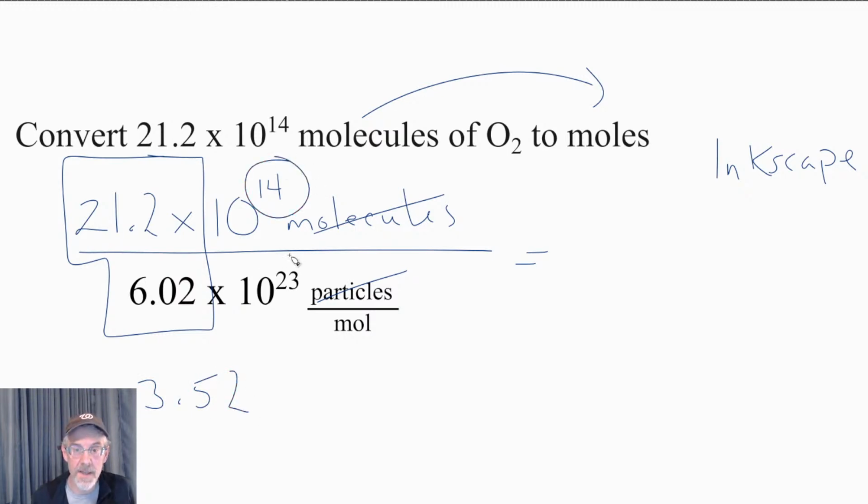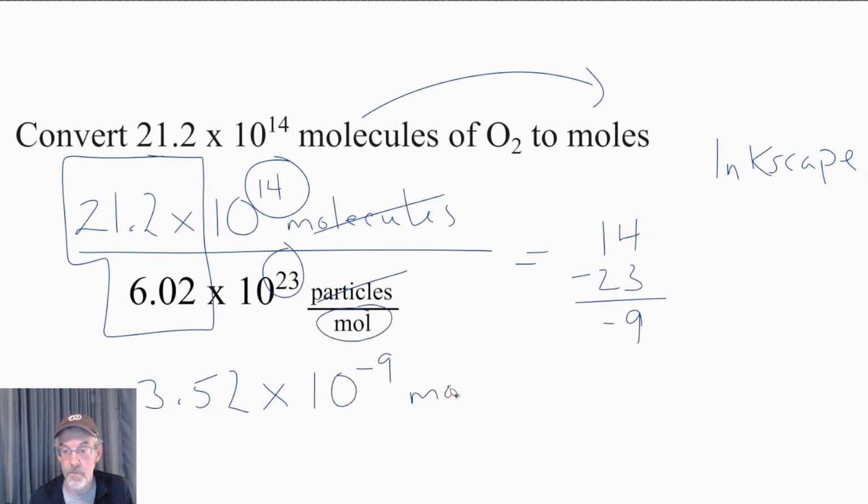Then I'm going to take the exponents and subtract them. So 14 minus 23, which I think we said was negative 9. So that becomes the exponent, the negative 9 there, and that would be moles. I think that's right. Yeah, that looks right. So that's how we do that.